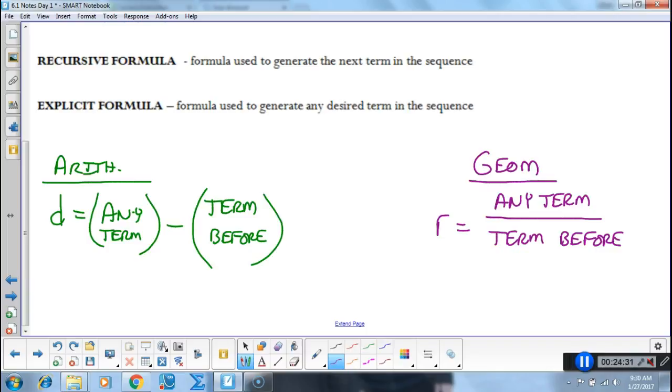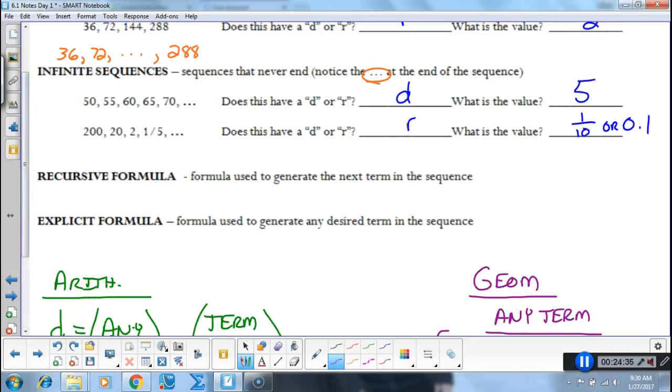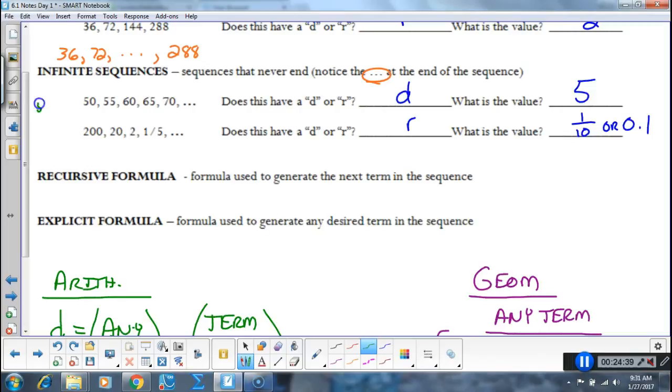So up here, we could have said 55 minus 50 is 5. Or we could have done 60 minus 55, 65 minus 60, 70 minus 65. All of those are equal to 5.